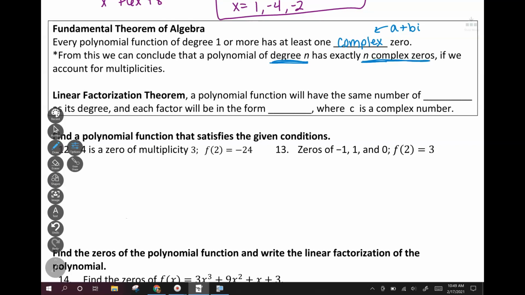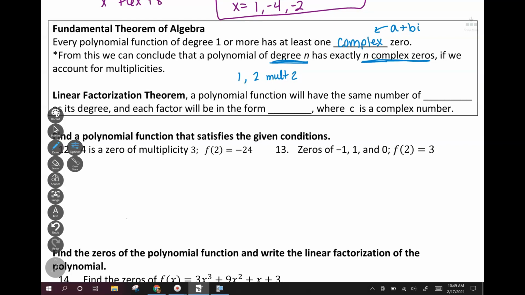So let's say your polynomial has degree 3, then you should have 3 complex zeros. So your zeros could be 1 and 2 with multiplicity 2. So then that 2 is counting twice, right? So 1, 2, 3 zeros.